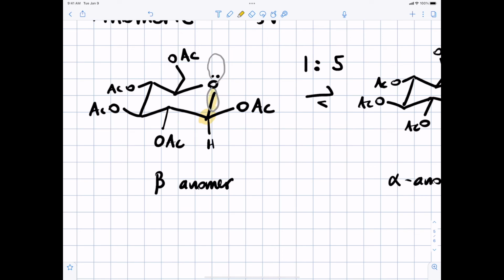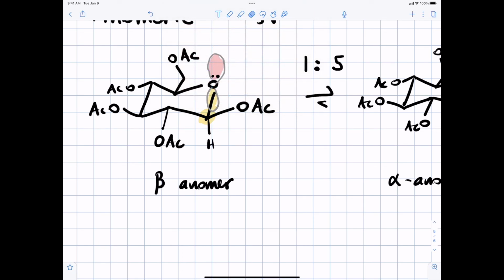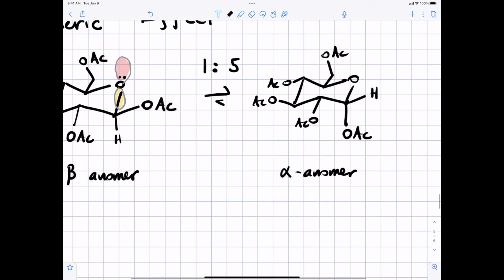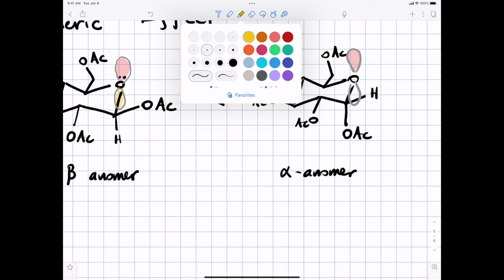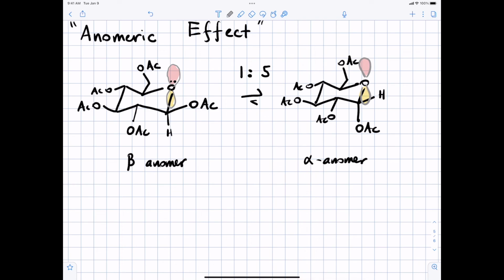So if you think about it that way, and imagine a p orbital with a lone pair on that oxygen, can you see now why it might be better to have the acetyl group axial versus equatorial? If the acetyl group is equatorial, where should the sigma star go? Mostly back here, right? Whereas if it is axial, it goes right back there where it can line up with that lone pair.